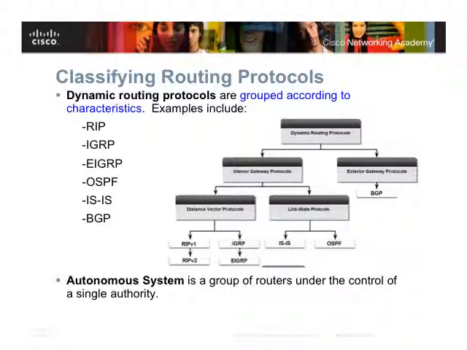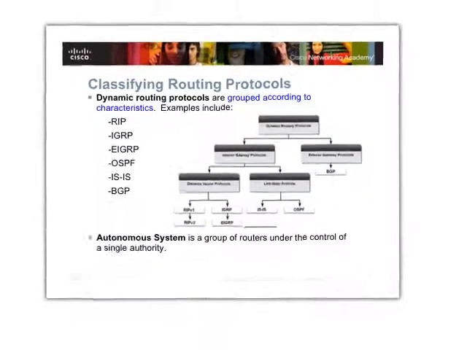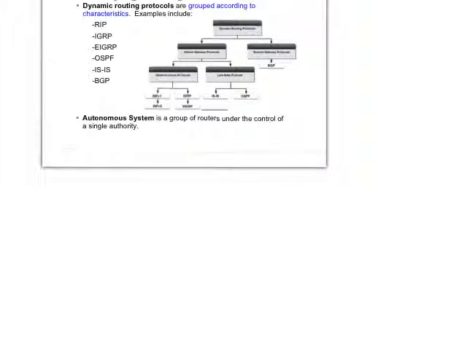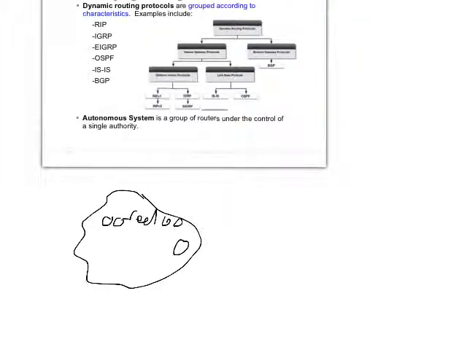Okay? So for example, I have a cloud like this. This is the Ooredoo cloud. I have a group of routers here, and this is what we call autonomous system. The autonomous system of Ooredoo has a specific identifier or ID, the autonomous system number, as we will see later.